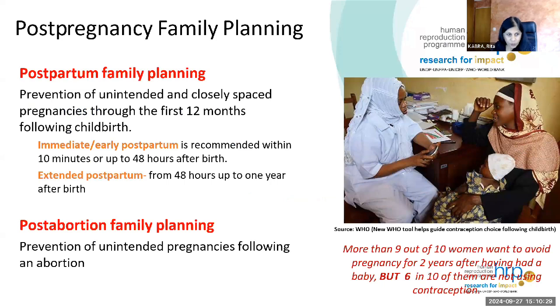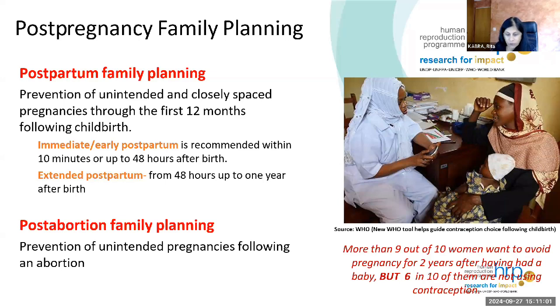Postpartum refers to prevention of unintended and closely spaced pregnancies throughout the first 12 months following childbirth. This includes both immediate and extended; different terminologies have been used, but it is actually preventing closely spaced pregnancies following a childbirth. And post-abortion family planning refers to prevention of unintended pregnancies following an abortion.